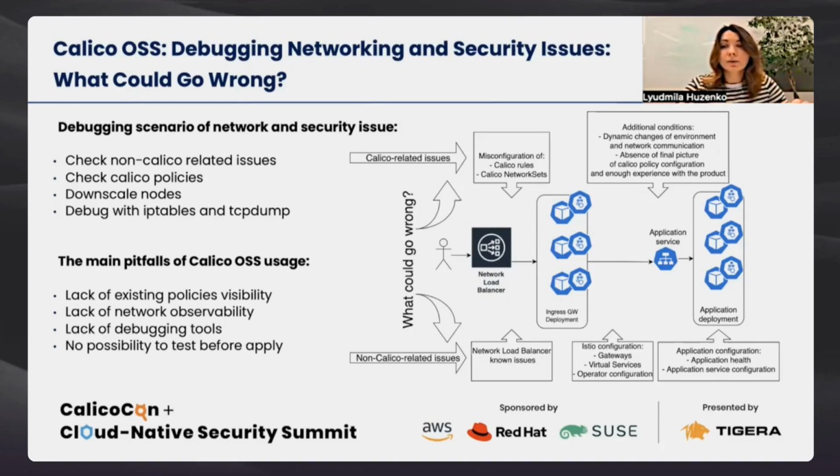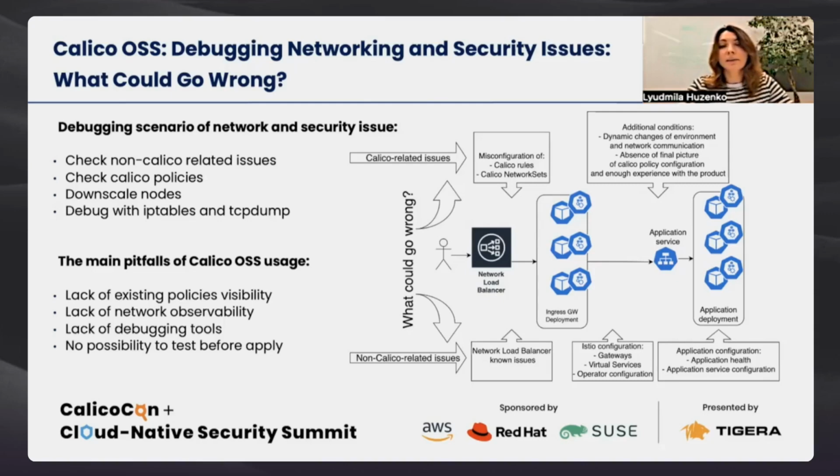The tools that you can use with Calico open source are iptables and tcpdump, which are not really hands-on tools to use on a daily basis. Considering all these steps, we decided that we needed a better solution because we met this limitation with Calico open source.